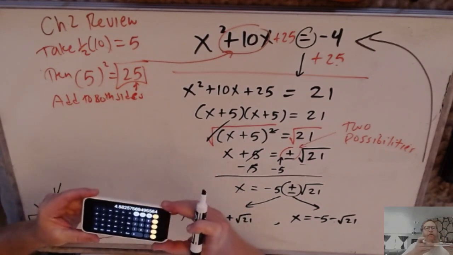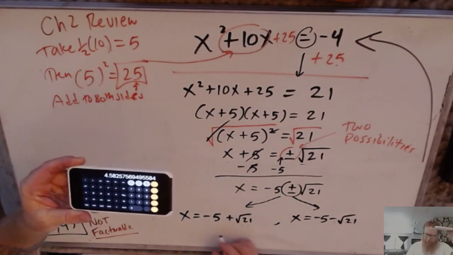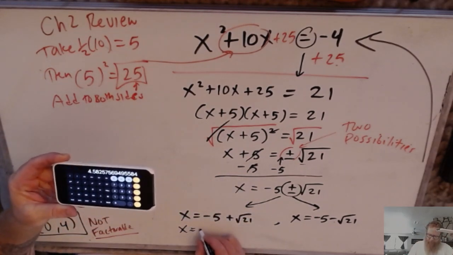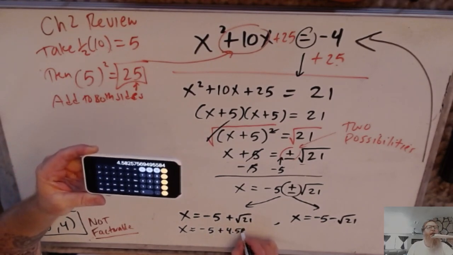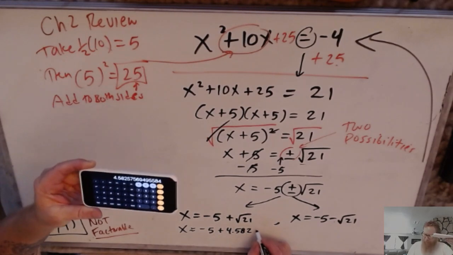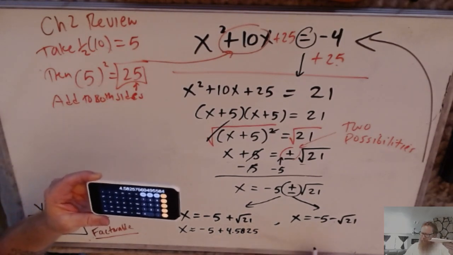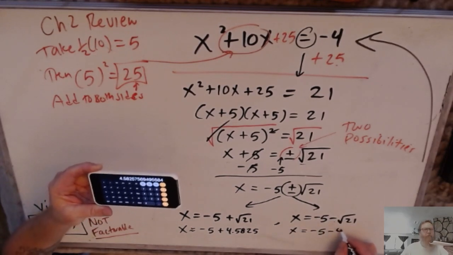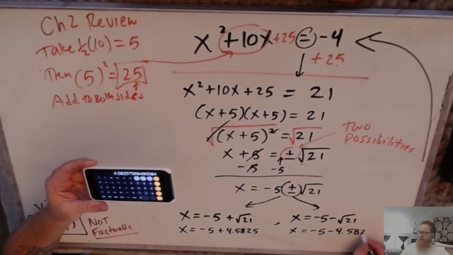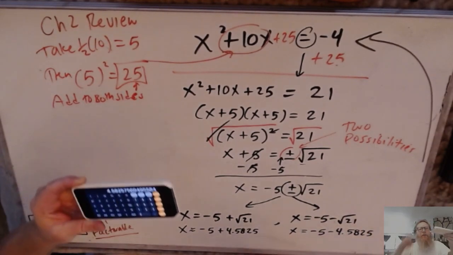That is about 4.5825. I don't typically recommend rounding this right away.